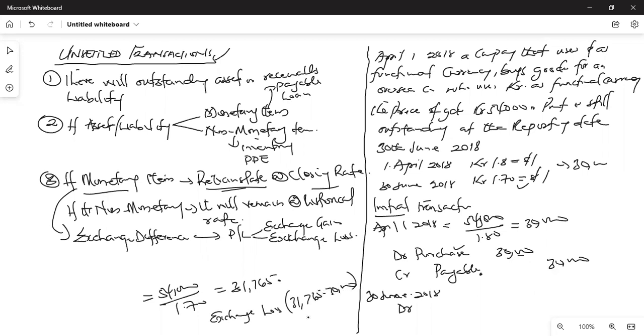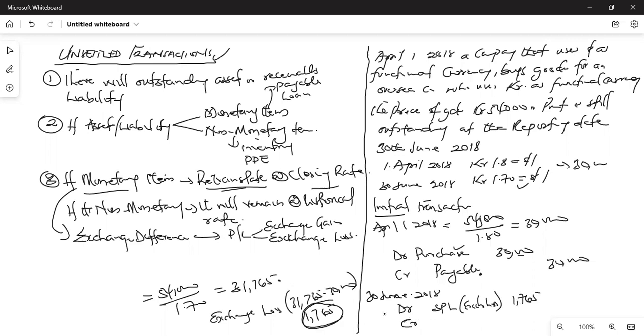So 31,765 minus 30,000, what you are going to get is 1,765. This 1,765 is what we are concerned with, because the money is not being paid. We are just retranslating. So what we are going to do is to debit our statement of profit or loss with exchange loss of 1,765.